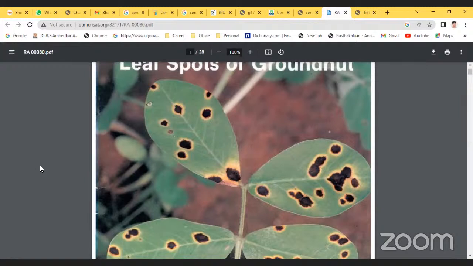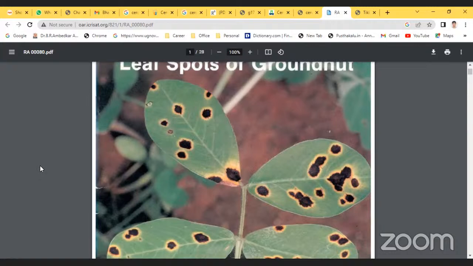The spots appear first brown, then yellow, then reddish brown, then black. You can confirm with these symptoms that this is Cercospora or Tikka disease.